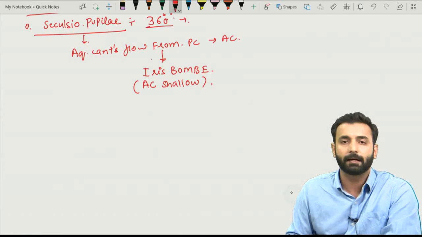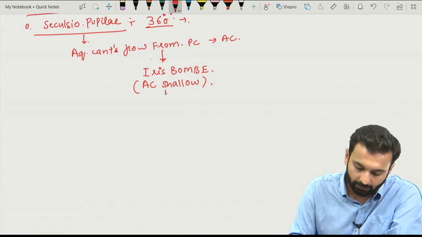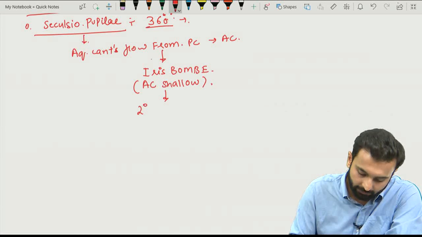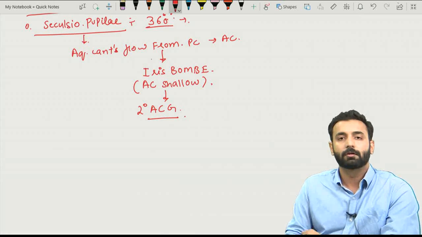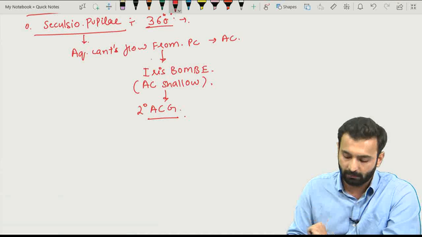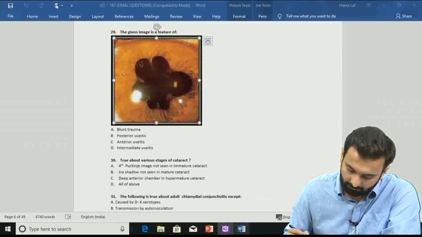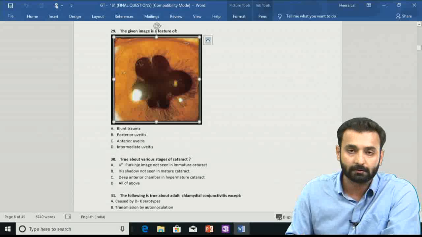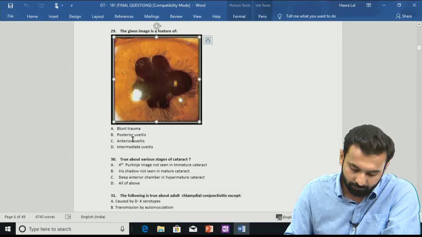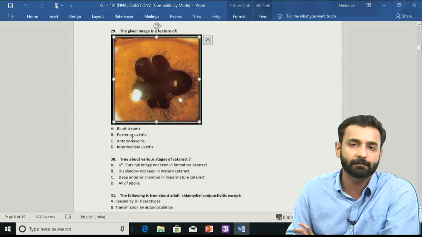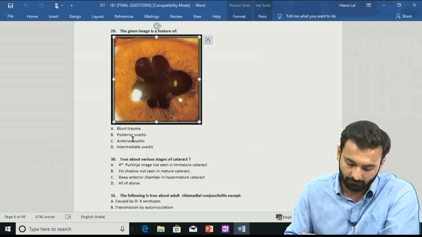In iris bombe, AC will become shallow, and this condition further can lead to secondary angle closure glaucoma, right? So you should also keep in mind about the seclusio pupillae. So these are all you should know about uveitis. Correct option is option number C, anterior uveitis. Festooned pupil is a clinical feature of anterior uveitis.